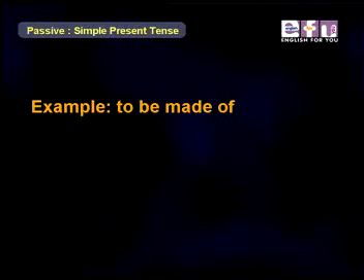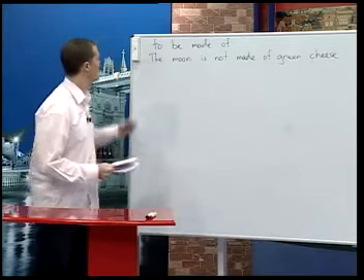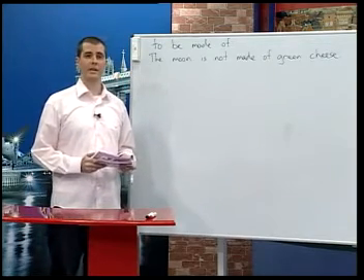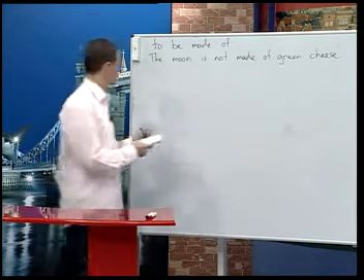For example, to be made of. Here's an example. The moon is not made of green cheese. Some people used to think it was made of green cheese.